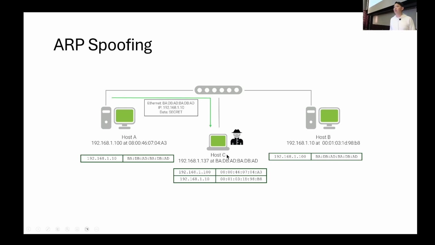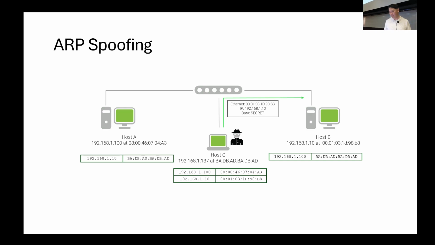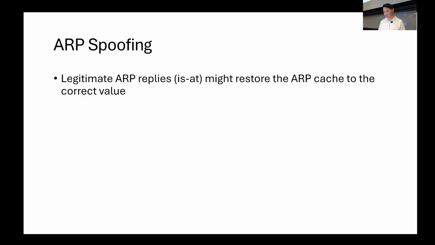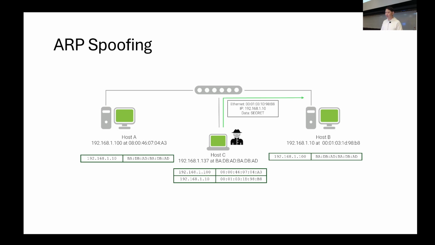Host C then replaces the data with his own secret, and host B believes this secret was sent from host A. So in this way, you can pretend to be a legitimate partner.